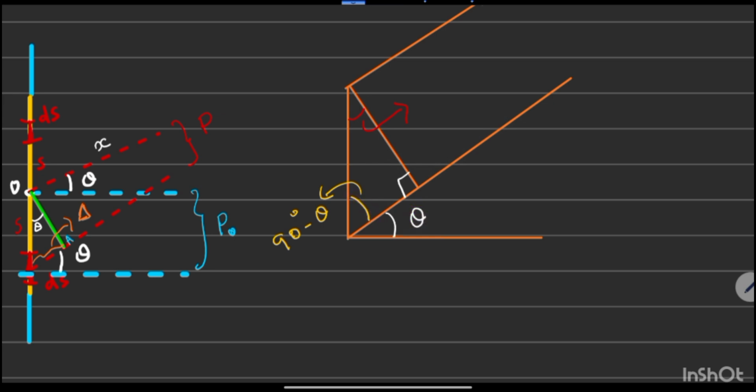This must be 90 minus theta. If this is 90 minus theta and this is 90, then this angle must be 180 minus (90 minus theta plus 90) degrees. So this will be theta.